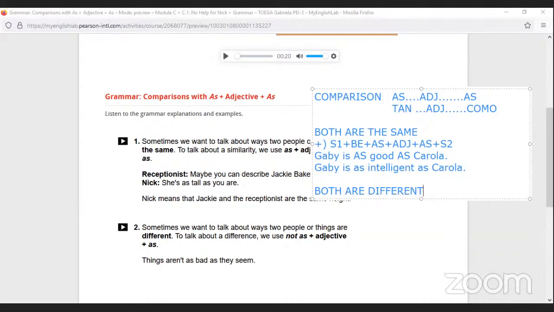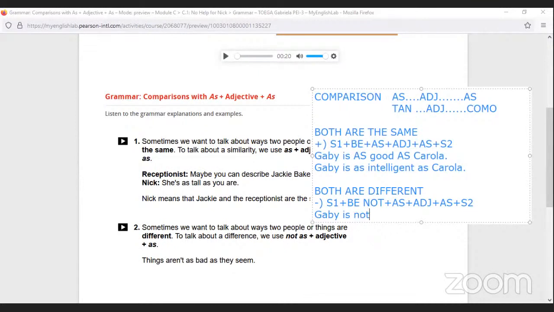So the structure is going to be the same as the first one. The only thing that we are going to add is not after the verb to be, no more. We are going to use the same subjects.